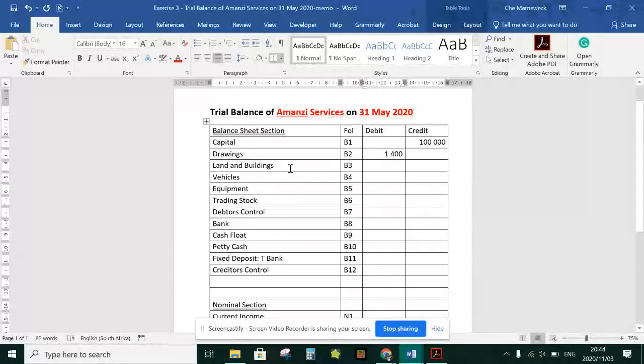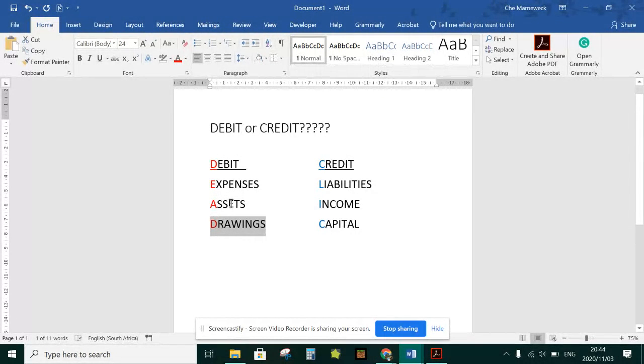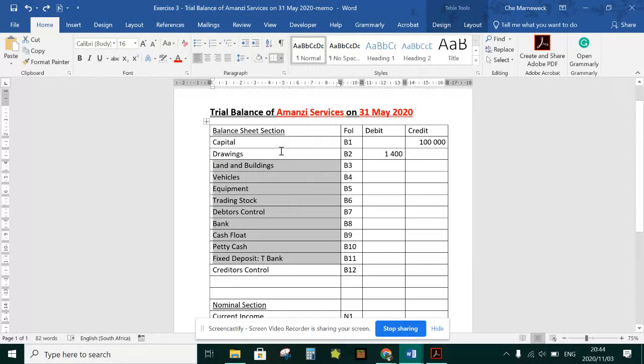Next, we have fixed assets. Then we have current assets, financial assets. Whatever type of asset they are, assets go under debit. So all of these accounts need to be under debit. Land and buildings is 67,200. Vehicles 30,000.